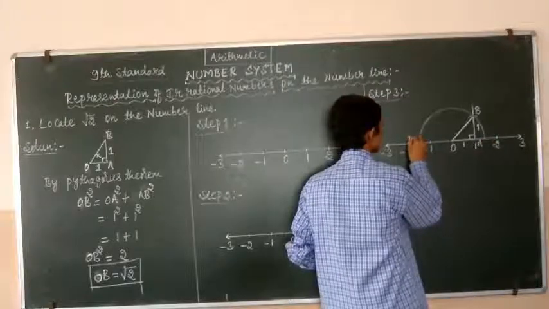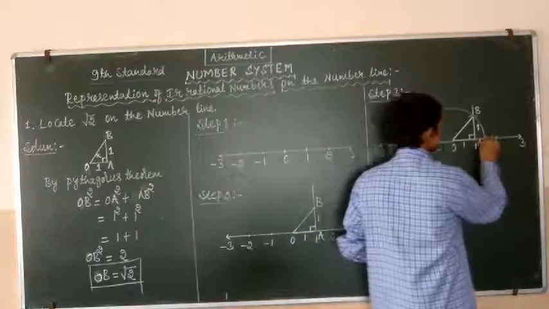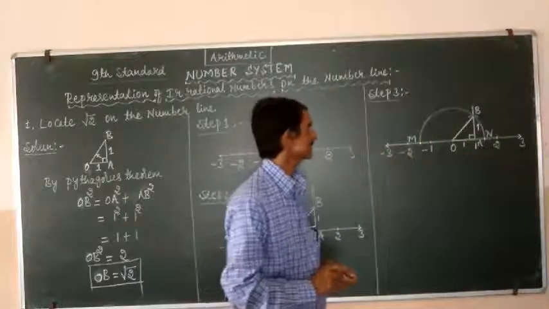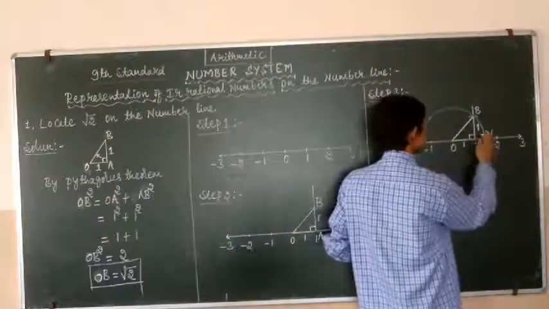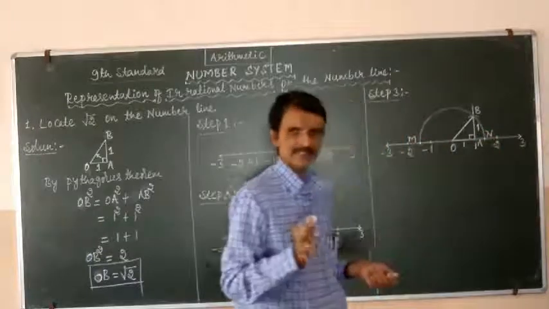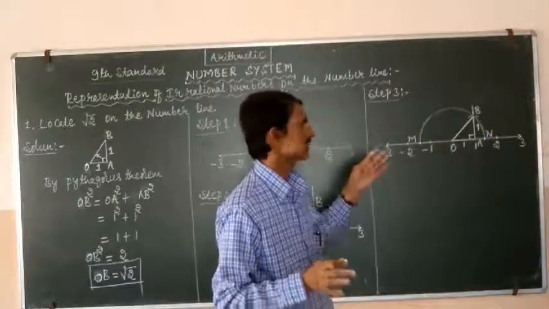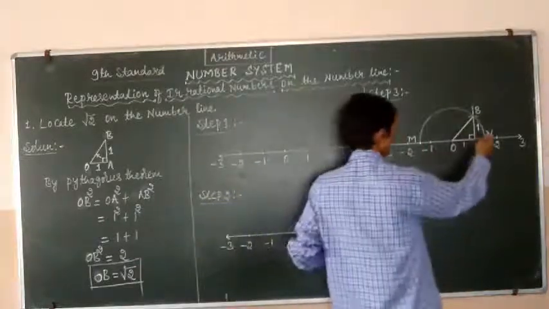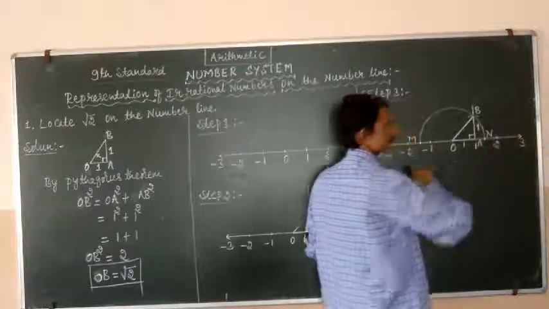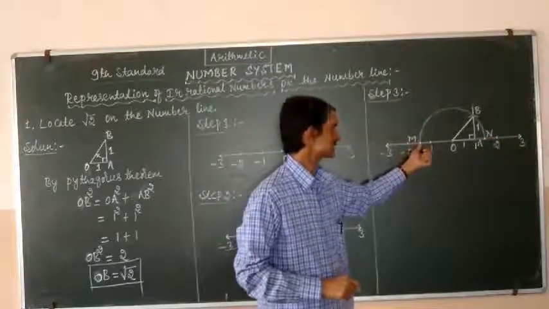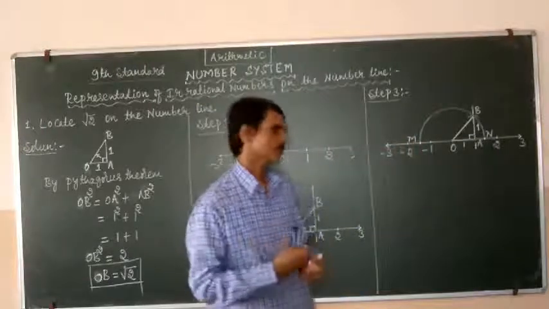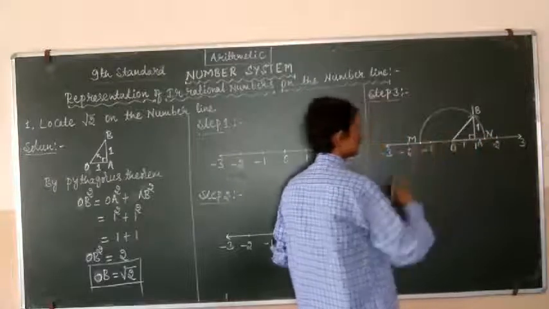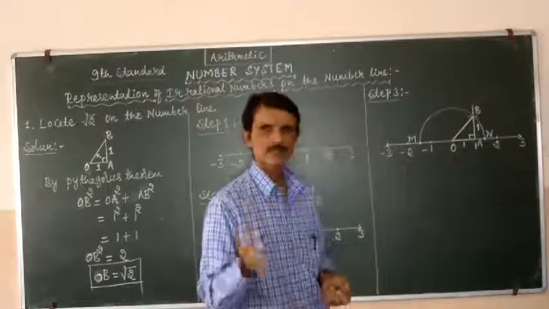Call them M and N. These points M and N on the number line represent the value of root 2, where N is the positive value and M is the negative value of root 2.